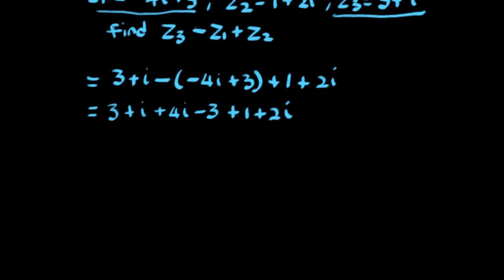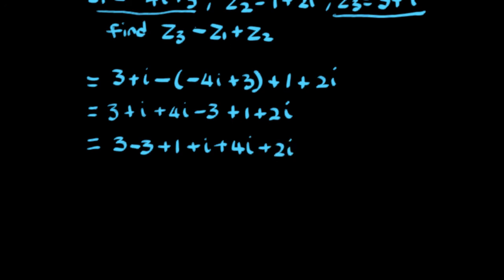Now we collect like terms. All the real numbers, we bring them together. We have 3, minus 3 and plus 1. For the imaginary numbers, we have plus i, plus 4i, and plus 2i.